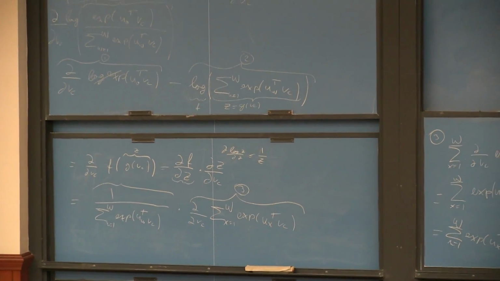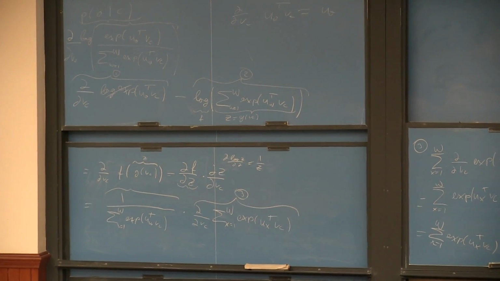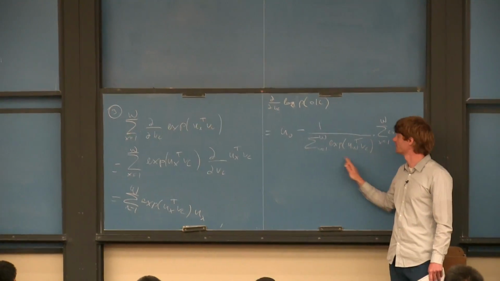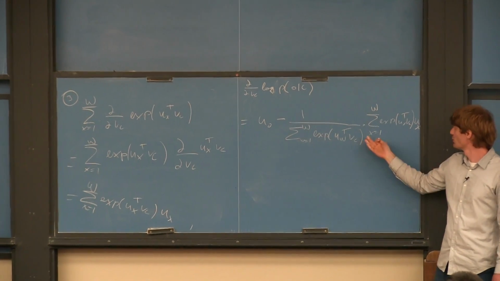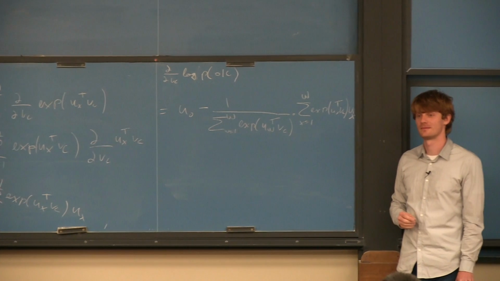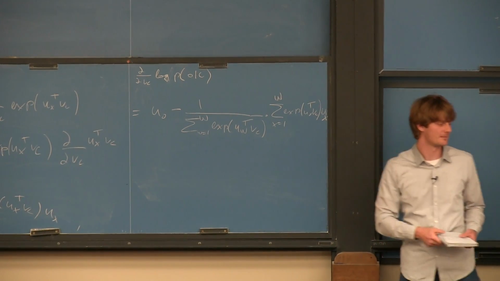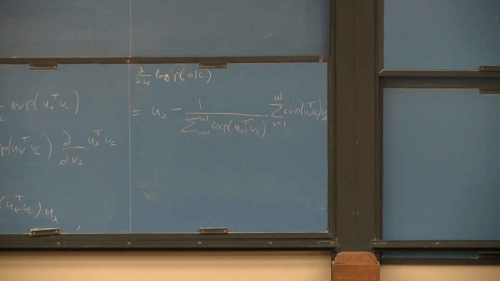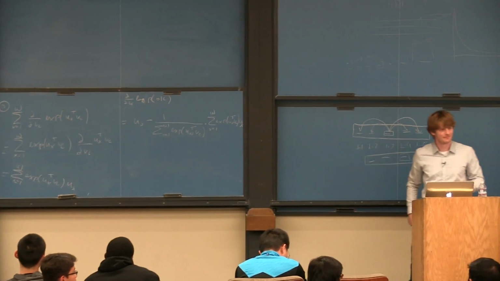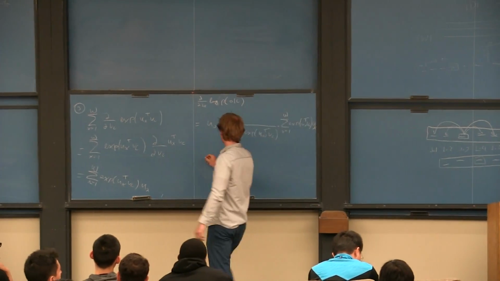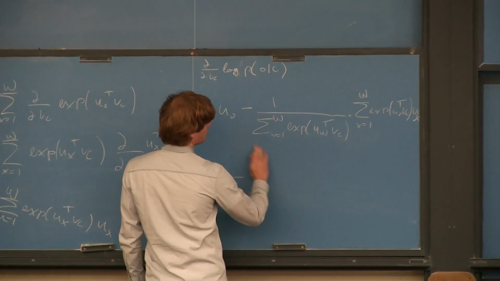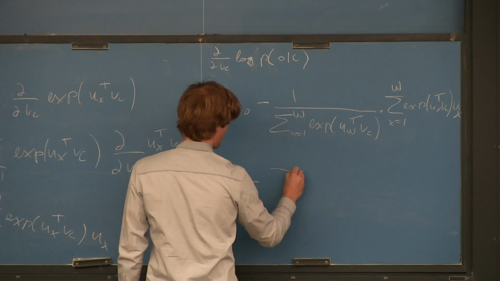So what else do we know? This is essentially just a single number. Inner product, single number, you exponentiate, single number, and then just sum up a bunch of single numbers. So what could you do to this sum to simplify things? Basically, you have exponent of ux transposed vc divided by the normalization constant, which is the probability. Exactly. So we could pull this number into this sum.